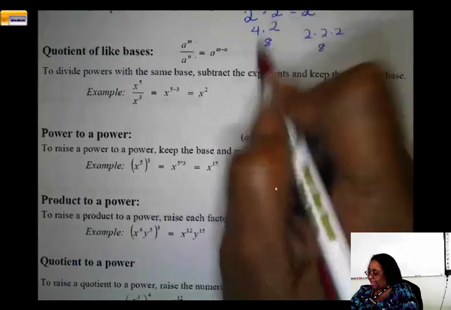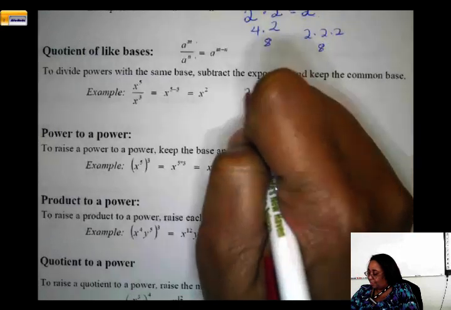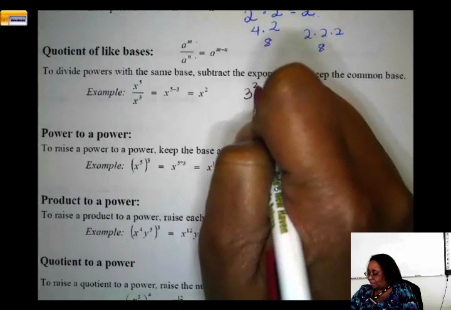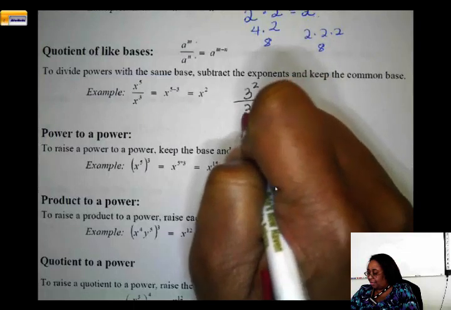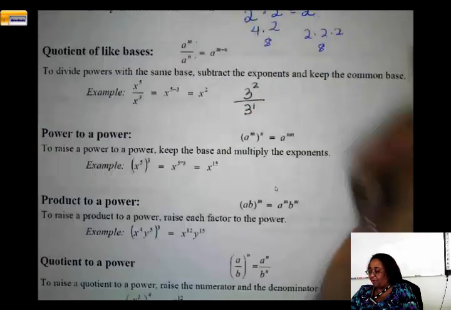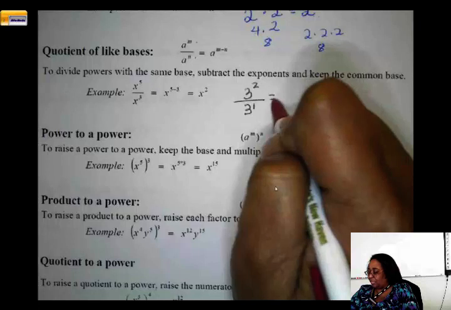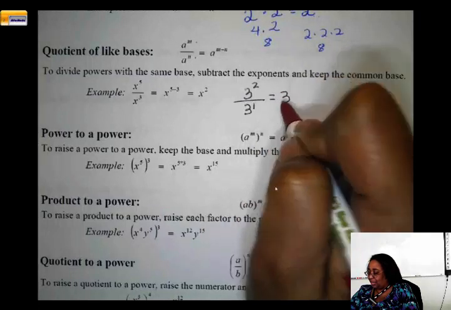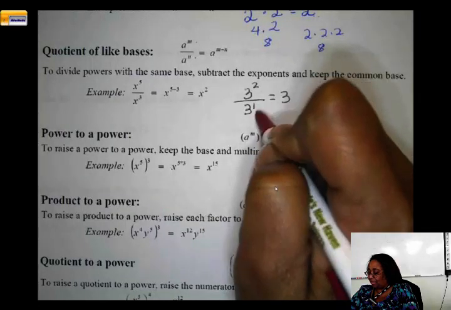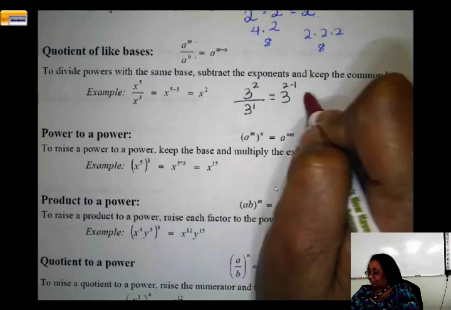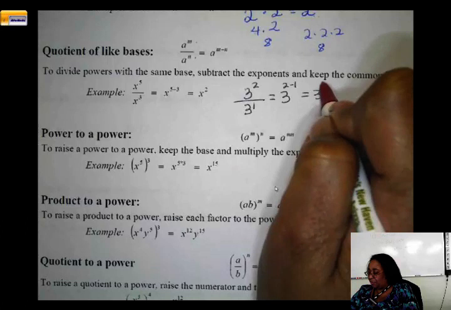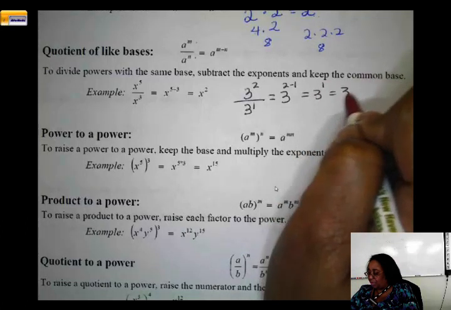So if I had 3 to the second power divided by 3 to the first power, my rule is telling me that I would take 3, and with my exponents, I would go 2 minus 1, which would give me 3 to the first power, which is just plain old 3.